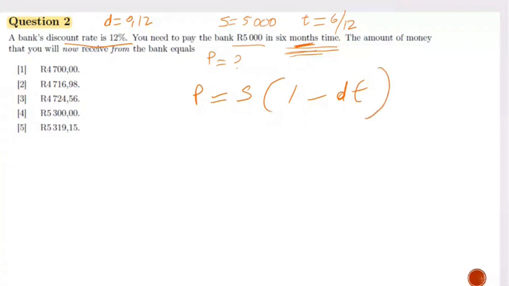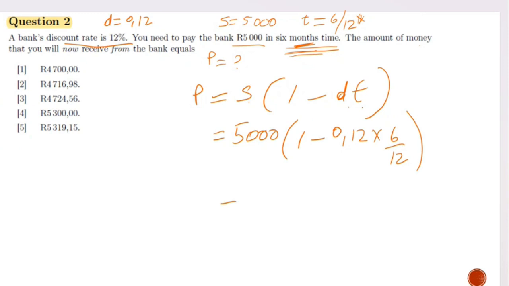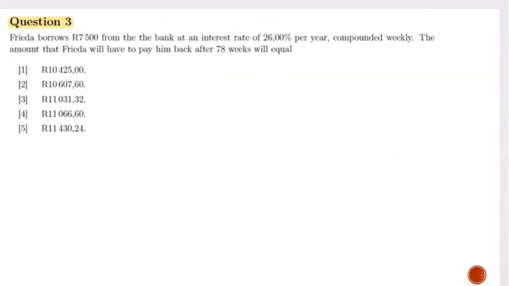You are looking for P, your S is 5,000 into 1 minus your discount rate, which is given to you, 0,12. Your time, which was what is critical about this question, is 6/12. I'm just highlighting things that are critical in the question. The rest, you can just do the mathematics and get the answer. Let's look at this one.